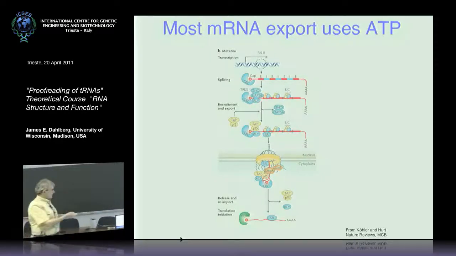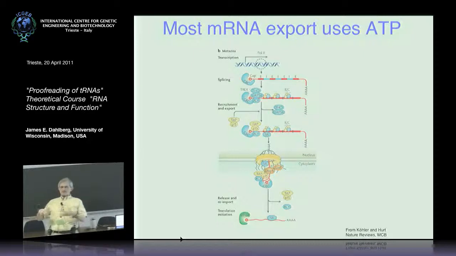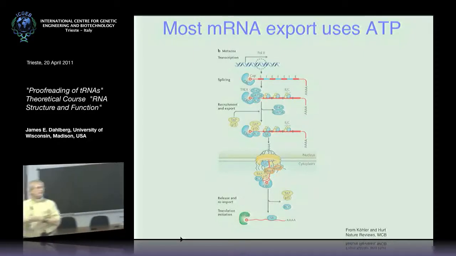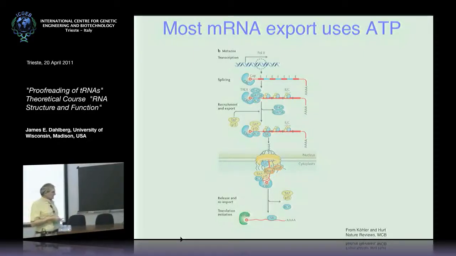It's released from a lot of the other proteins that brought it along. So something has to allow the messenger to be released and function in the cytoplasm, and it's DBP5, which is activated by GLE1. So it's a very complicated series of reactions, and that's all I want to get across right now, that these things don't just diffuse out, they are brought out in a unidirectional manner, and that uses the ATP hydrolysis to accomplish that.